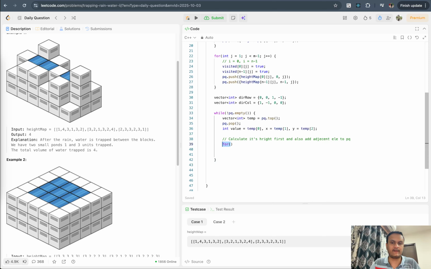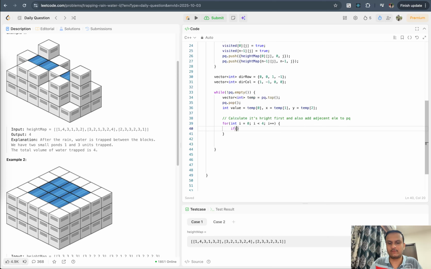So for finding adjacent, I will loop through this, less than 4. So x and, okay, if not visited, if valid, because we can go out of bound as well.